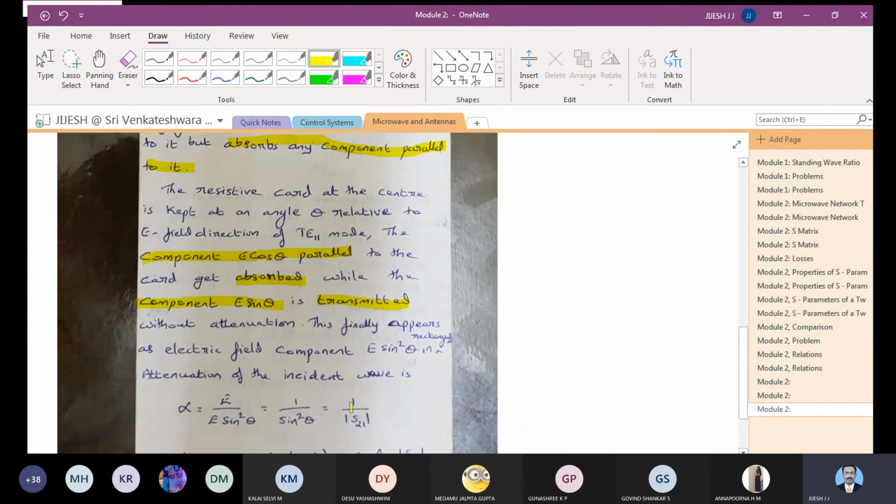You can also write it as 1 by S21 here. So alpha can be written as 1 by sin square theta, or it can be 1 by S21 as well.